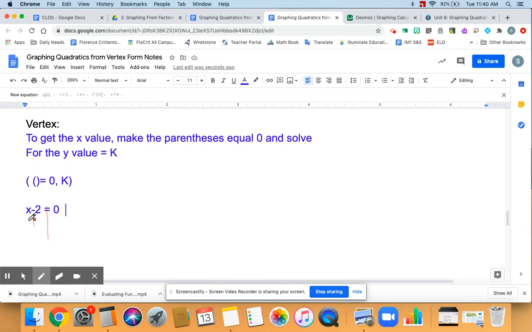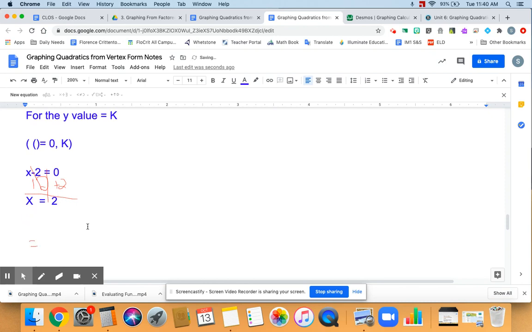Well, first I have to add the 2 over, because negative 2 plus 2 is 0, so that cancels. But I also have to do it to this side. So then I end up with x equal to 0 plus 2, which is 2. So I found my x value.